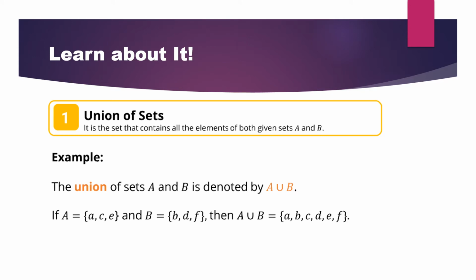Union of sets. It is the set that contains all the elements of both given sets A and B. For example, the union of sets A and B is denoted by A ∪ B. If set A is equal to {A, C, E} and set B is equal to {B, D, F}, then A ∪ B is equal to {A, B, C, D, E, F}.